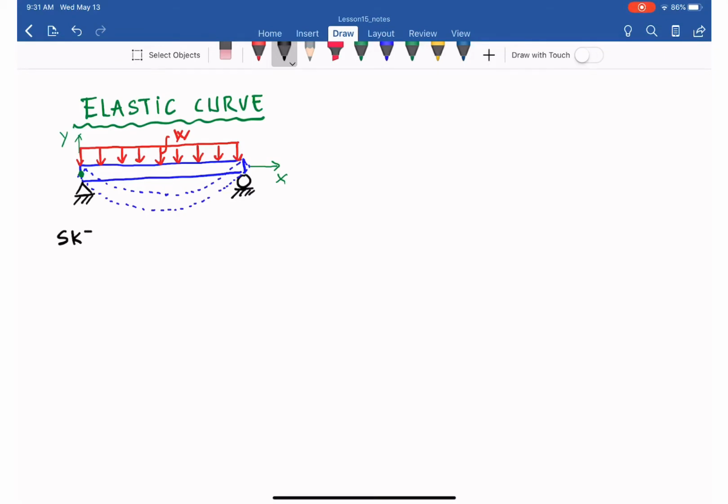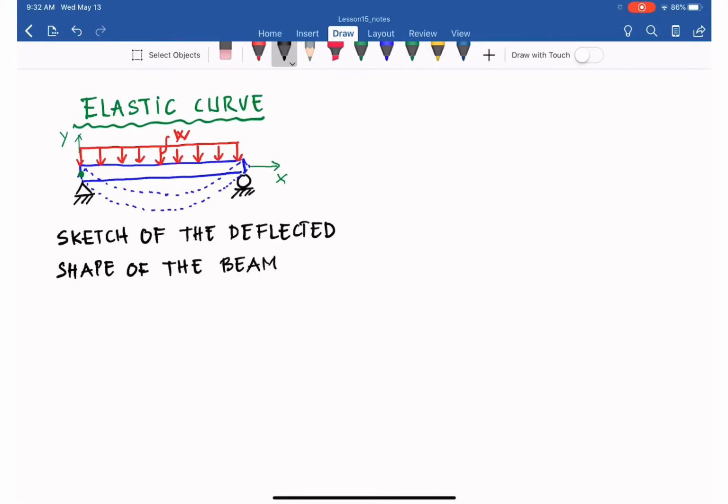The sketch of the deflected shape of the beam, which shows the displacement of the beam.